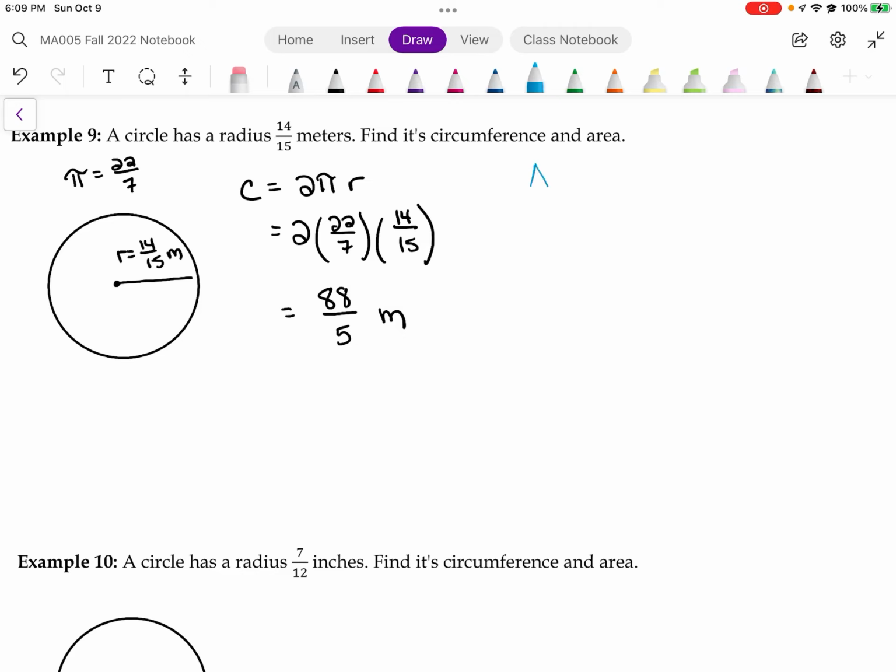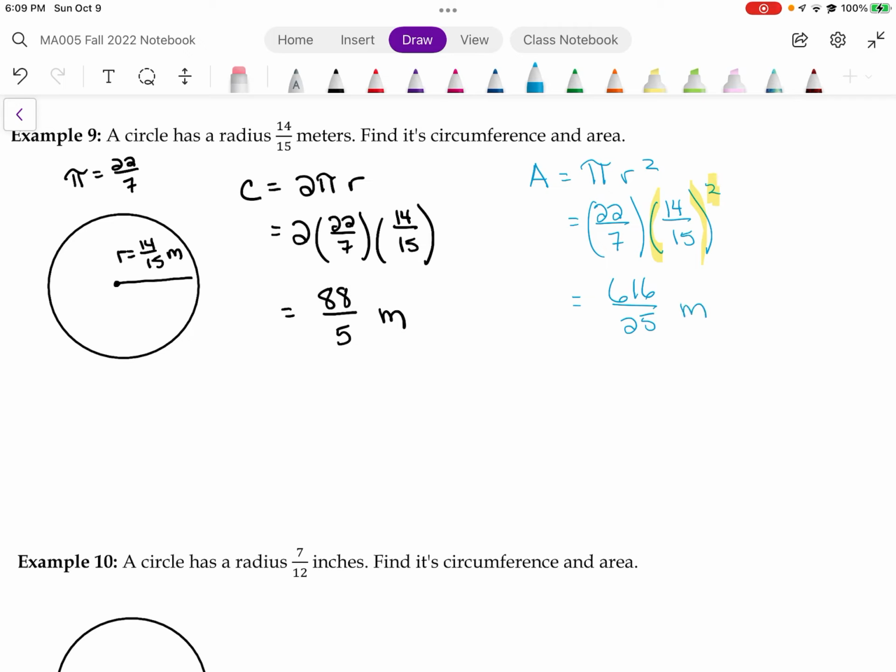All right, and the area is then going to be pi r squared. So pi is going to be approximated with 22 over 7, and r is 14 over 15, and it's squared. So once again, you literally just put this in the calculator. You just use the N over D button. Use parentheses around this one here because you're going to square the whole thing. You don't have to use parentheses if you use the N over D button, but you should get 616/25.